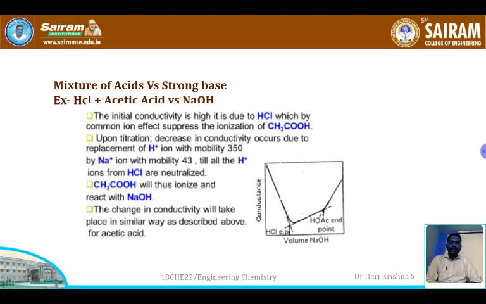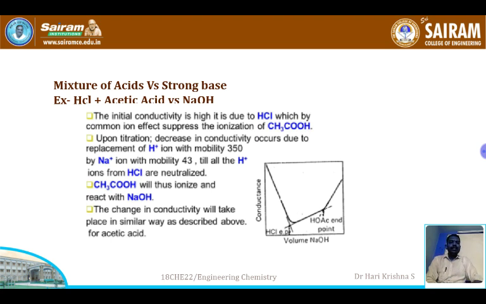A mixture of two strong acids, two weak acids, or one strong acid and one weak acid can be taken and estimated against the strong base. Here, for example, you have taken HCl and acetic acid and titrated against NaOH. NaOH is taken again in the burette and the mixture of HCl and acetic acid is taken in the beaker.